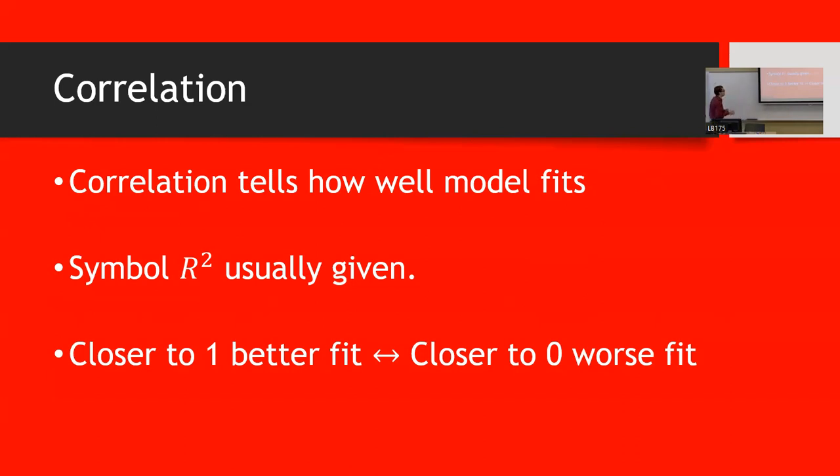And essentially, R squared is going to be between 0 and 1. The closer it is to 1, the better the model fits the data.